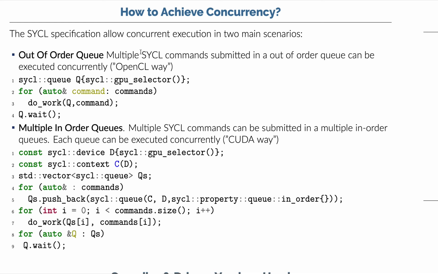Then you can do the CUDA way, where you use multiple in-order queues, submit commands in a round robin to these multiple queues, and then wait on all of these queues. This is similar to what we do, for example, with CUDA streams.